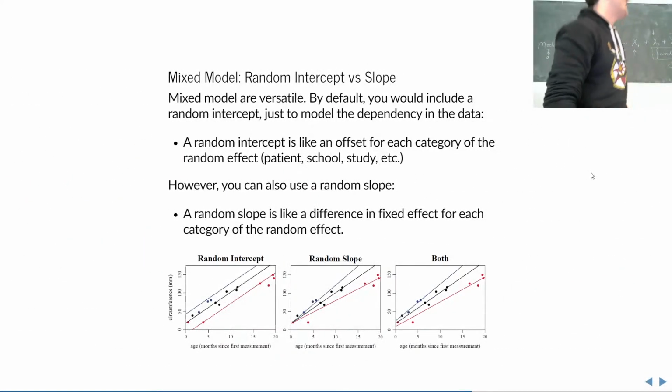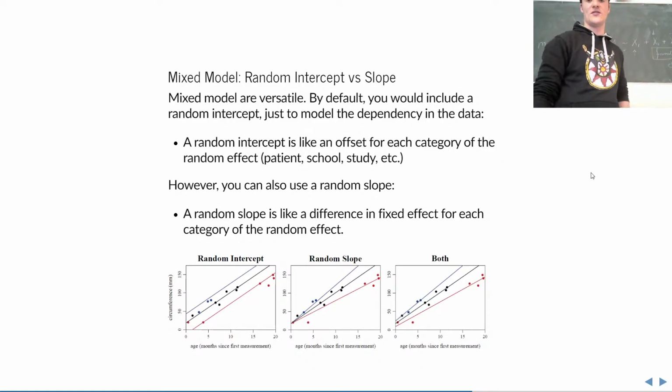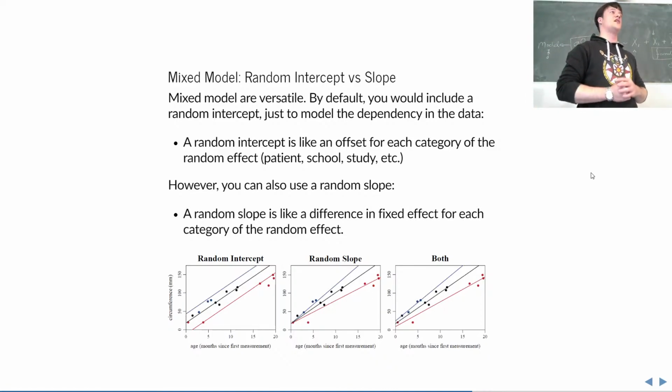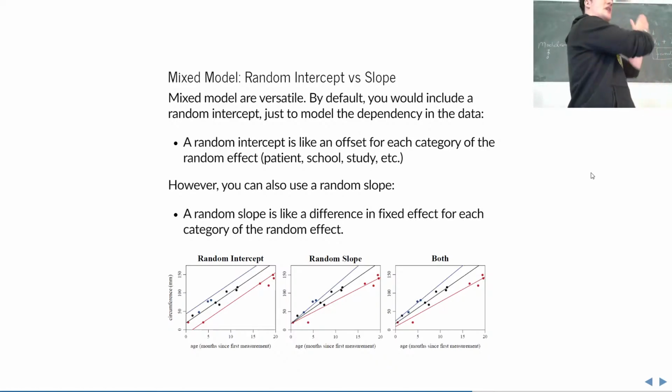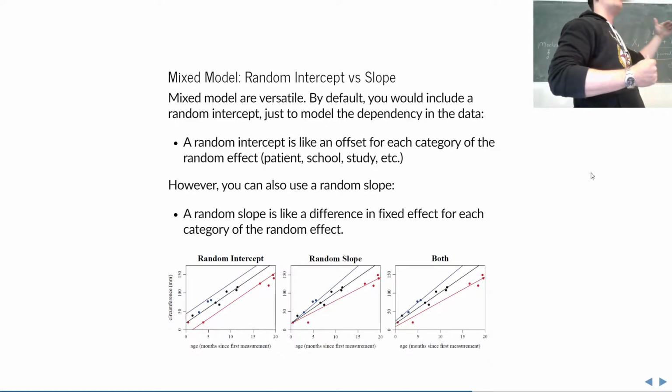Okay. Then we get to the choices you can make in a mixed model. The most important choice is whether you want a random intercept or a random slope. A random intercept is like saying that there is some baseline offset for the category, but everyone progresses the same way. A random slope is saying, okay, everybody starts out the same way, but there is a different progression over time.